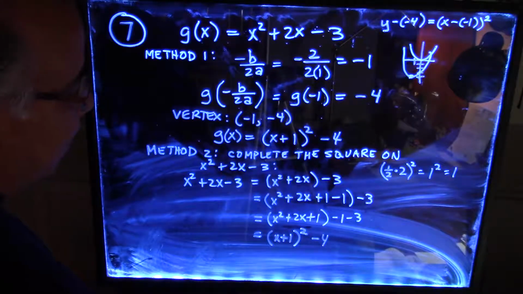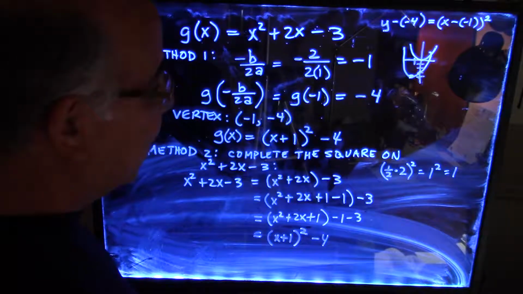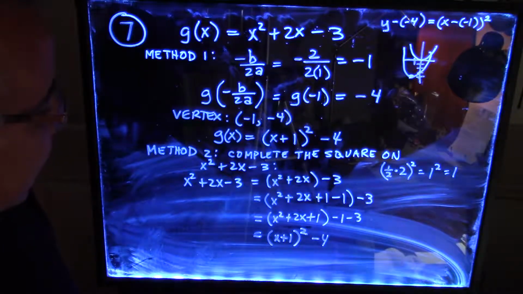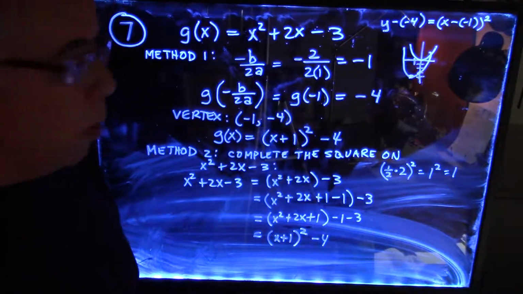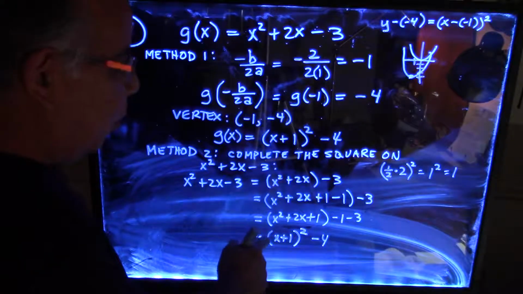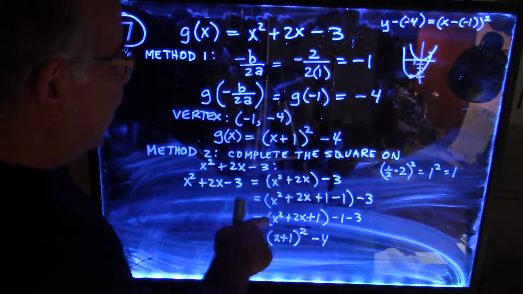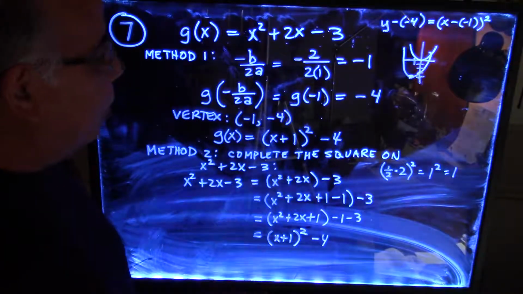Now you might say, well, this first method's a lot easier. Well, yeah, in this problem it is. Yeah, I agree. But in other problems where you might get a more complicated quadratic, this will be easier, because it'll be easier to write this than it would be to evaluate g of negative b over 2a.